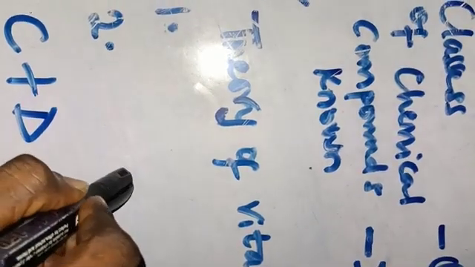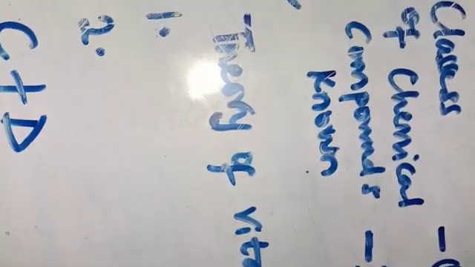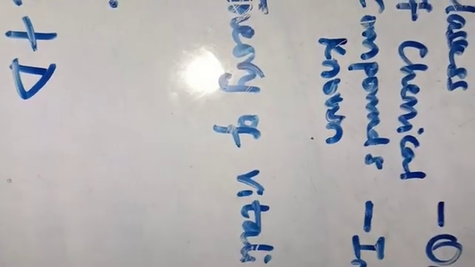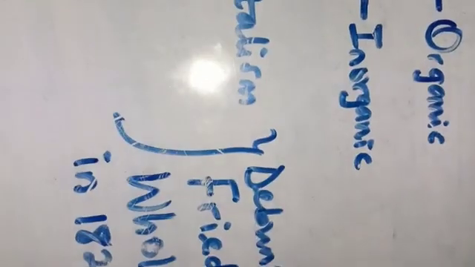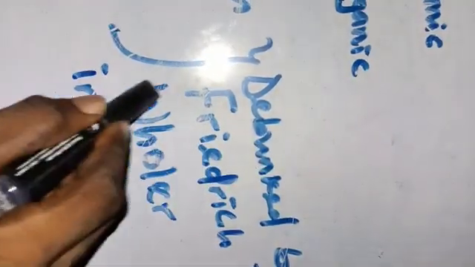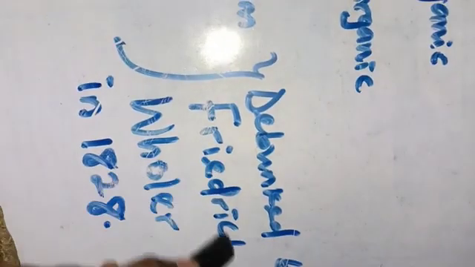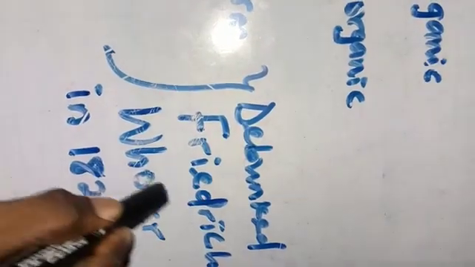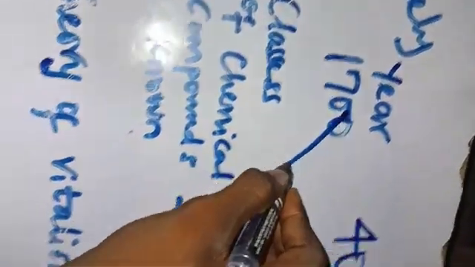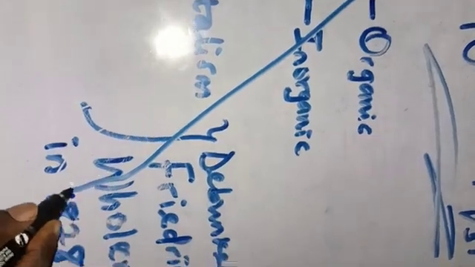After very long experiments, this theory of vitalism was debunked by Friedrich Wohler in the year 1820. You can see the year distance is a bit far, almost a century.